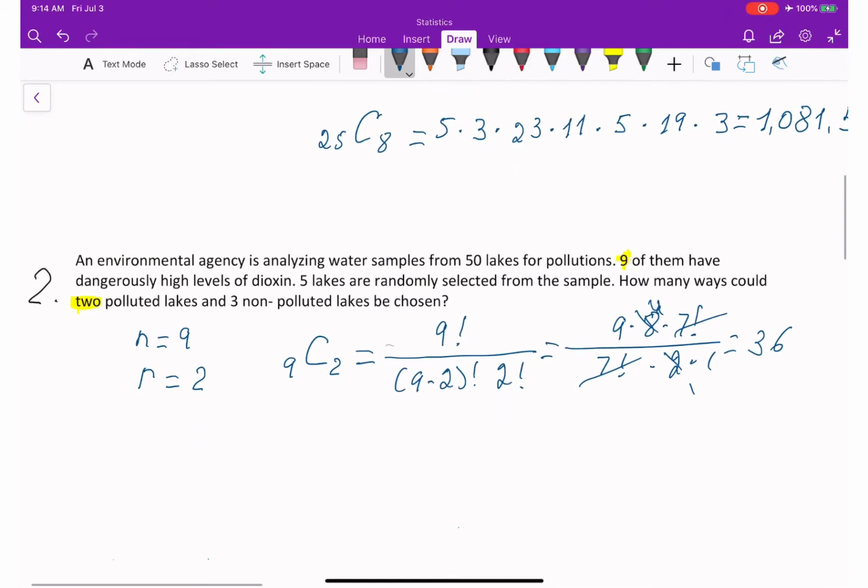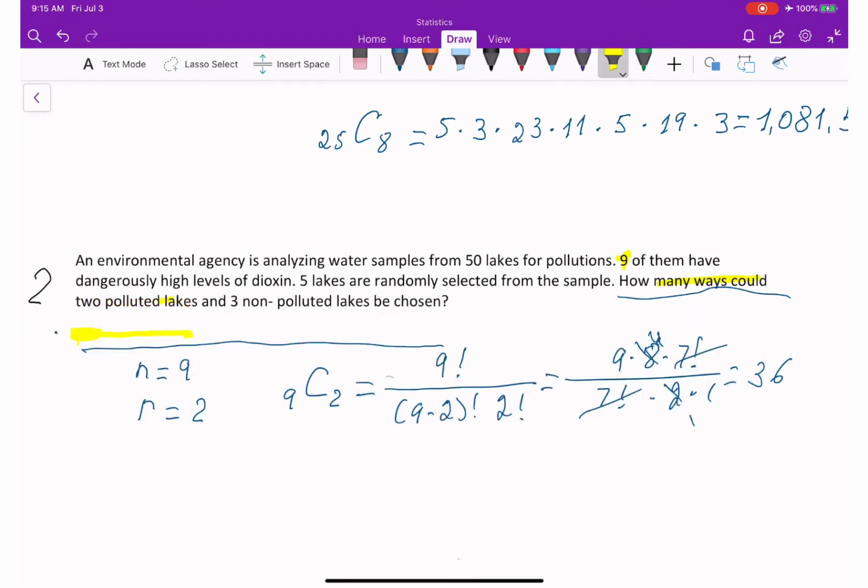So this is first, we are heading towards answering the question, how many ways could 2 polluted lakes and 3 non-polluted lakes be chosen? So first we are taking care of how many ways could 2 polluted lakes be chosen. This one we are going to take care of now. We just did 36. Okay, we have 36.